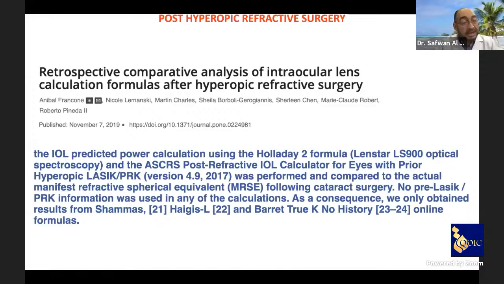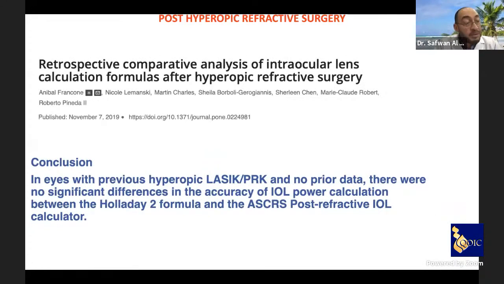No pre-LASIK or PRK information was used in any of these calculations. As a consequence, we only obtained results from Shammas, Haigis L, and Barrett True K, no history online formulas. In the conclusion of this study, in eyes with previous hyperopic LASIK or PRK and no more data, there was no significant difference in the accuracy of IOL power calculation between the Holladay 2 formula and the ASCRS post-refractive IOL calculator.